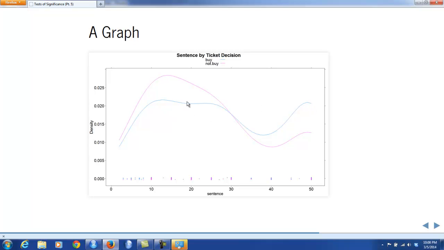It's not so tall in the 10 to 20 year range, but it's quite tall around 50 years. I bet a bunch of people who were in the buy group were handing down the maximum sentence or close to it. This looks kind of interesting, especially in conjunction with that over 4-year difference in the averages. We should take a closer look.